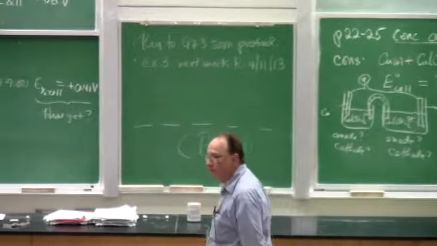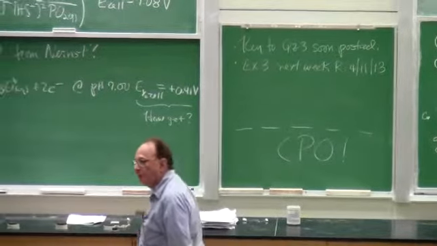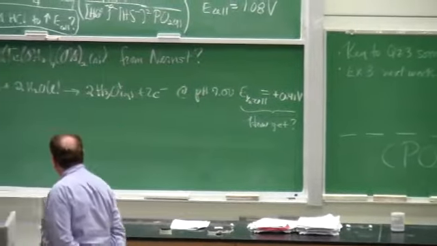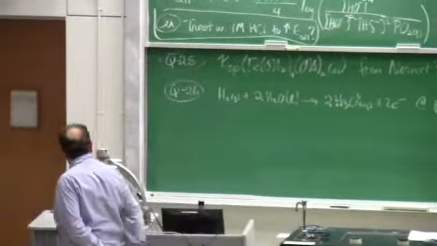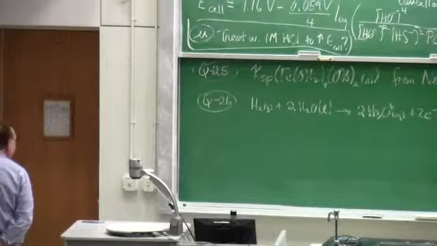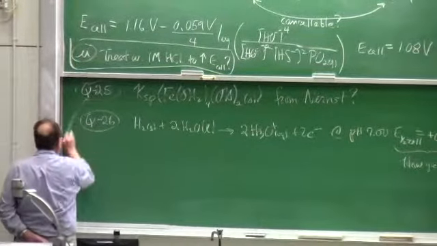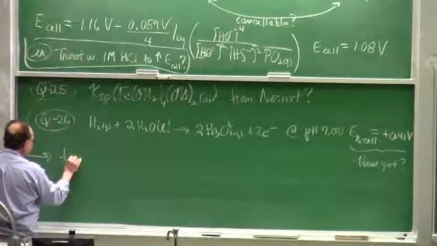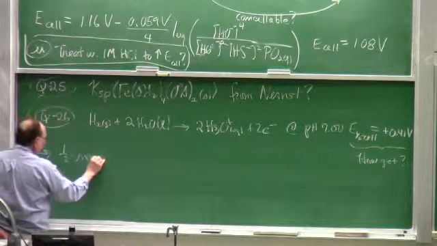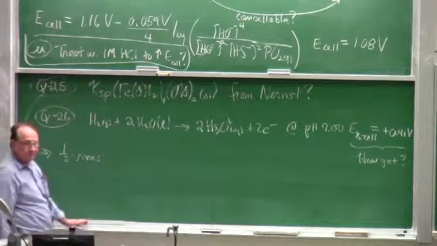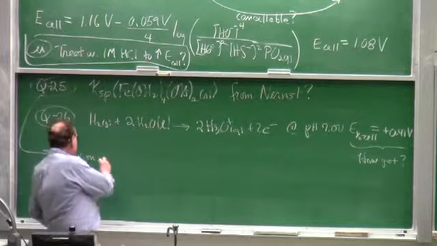If I want to use table 2 information plus the Nernst equation to get KSP for that stuff, which half reactions do I use and how do I couple them? Tell me the numbers for the half reactions.